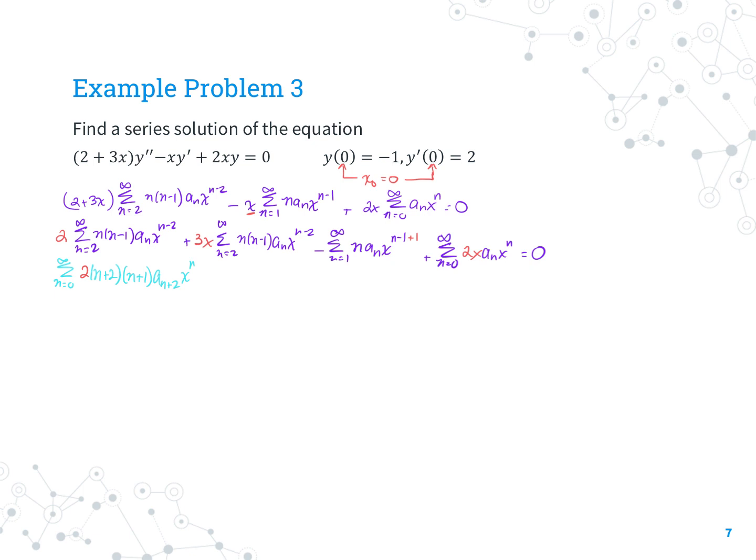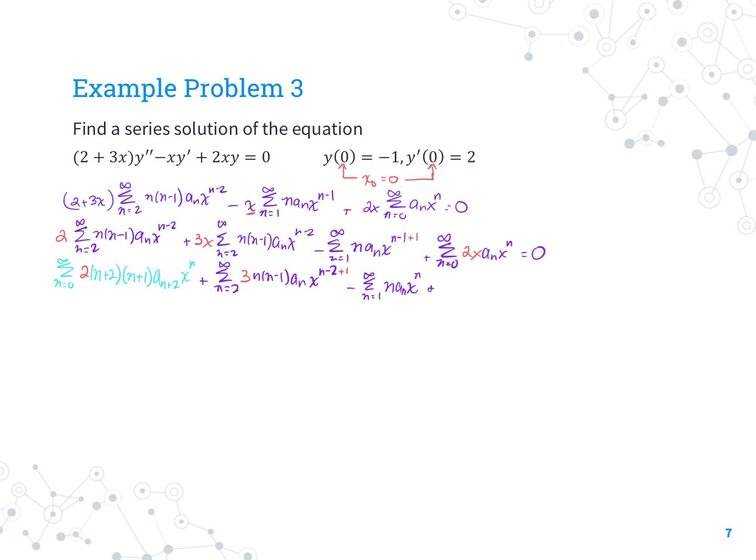And now when we add our 3x into our sum from n equals 2 to infinity, we'll have our 3, our n minus 1, a sub n, now x to the n minus 2, and then bring in that plus 1. And now our next sum is n equals 1 to infinity of n a sub n, and now that we brought in the x that was on the outside, we now have x to the n.